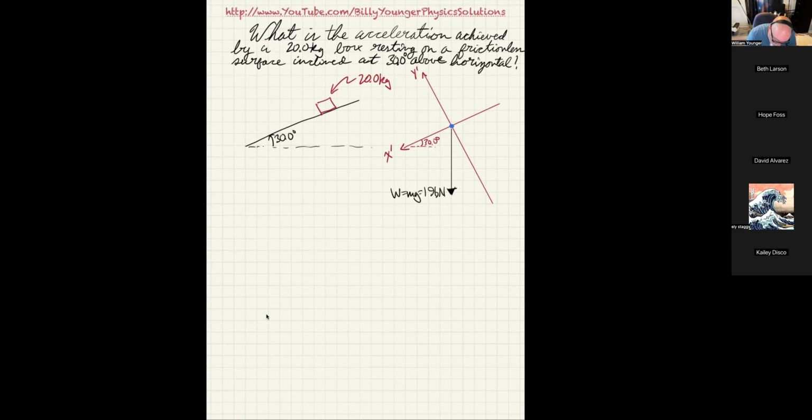But notice this right here makes a right triangle. Everybody see that right triangle? So that means if this angle is 30, this angle is going to be what?